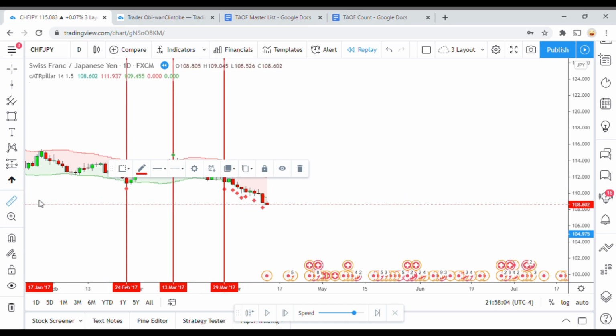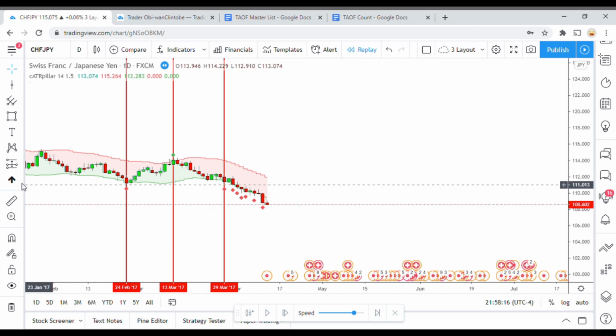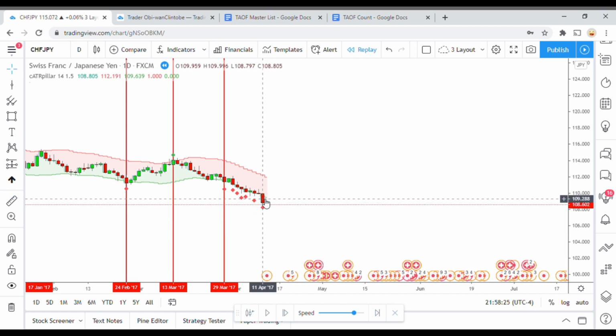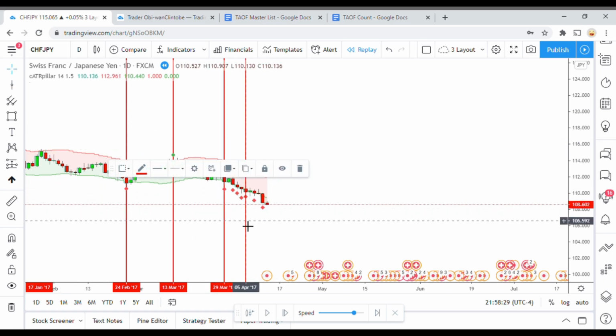Then the next one here, let's see. Come on, get this thing to cooperate a little bit. There we go. Looks like we don't hit take profit until this one.